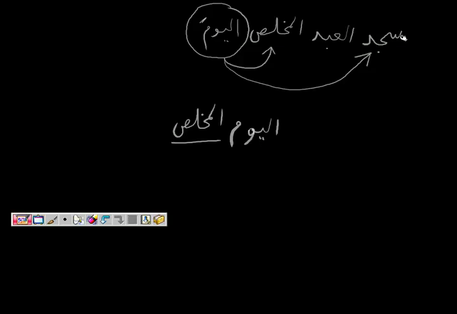Mukhlis is an adjective. The question though is this adverb today, is that telling us when he prostrated, or is it telling us when he was sincere? Either one is possible. So which one is al-yawm connected to? We could say, sajada ams al-abdul mukhlisu al-yawm.